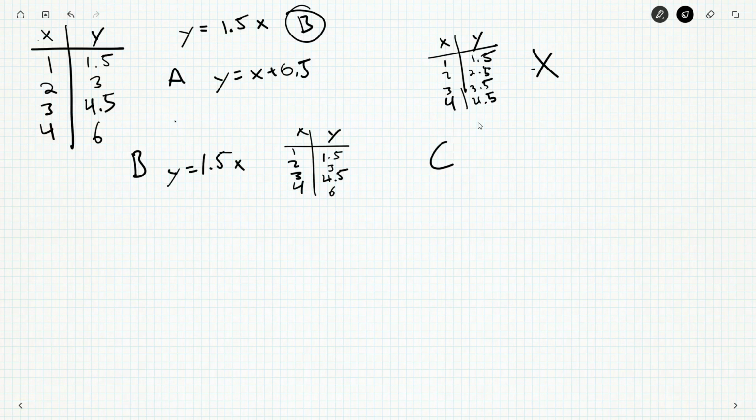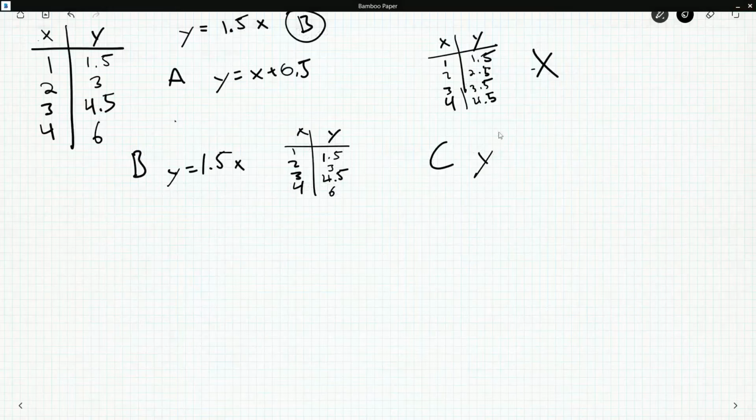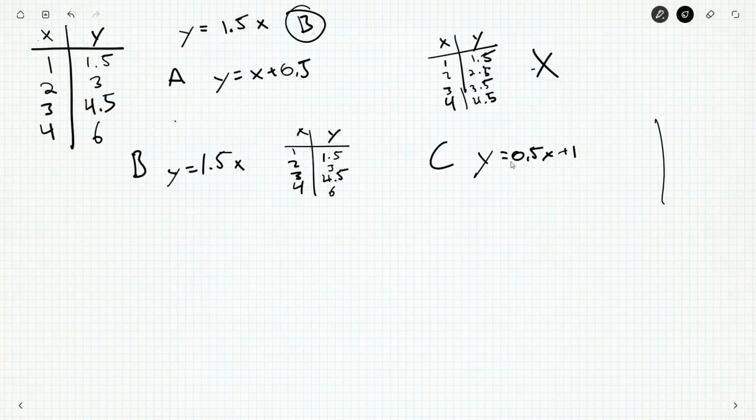But maybe we're one of those people who prefers to go right to left, assuming that they'd put the good answer, or the correct answer, towards the end. That's perfectly reasonable. Or maybe you're someone who goes right for the middle and works their way out. So C is 0.5x plus 1. Y equals 0.5x plus 1.